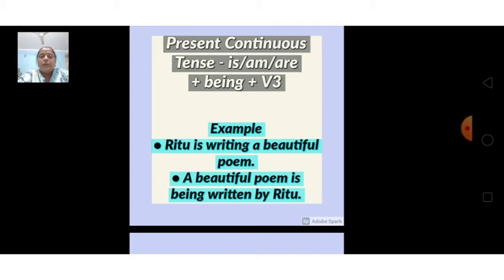Alright. For example, Ritu is writing a beautiful poem. So, Ritu is the doer, is writing is the action and a beautiful poem is the receiver. So, the answer will be a beautiful poem is being written by Ritu.